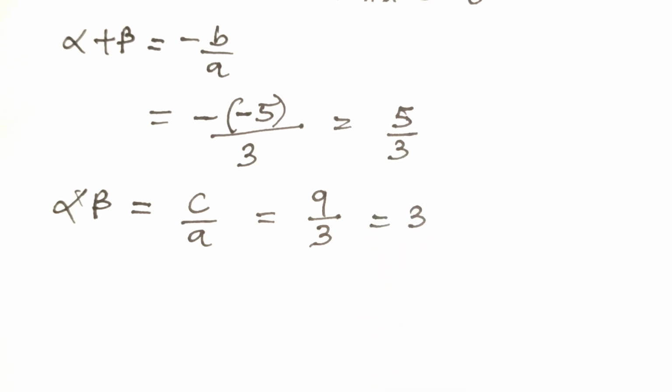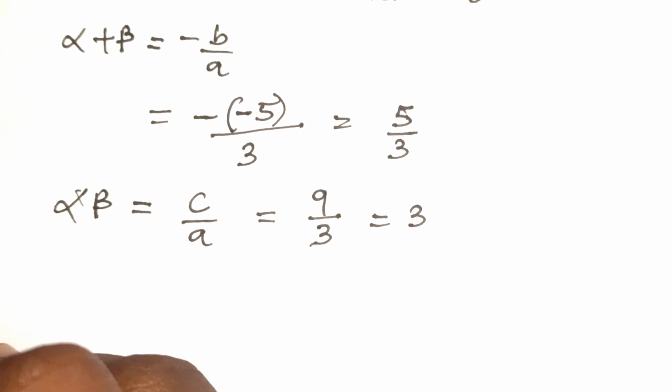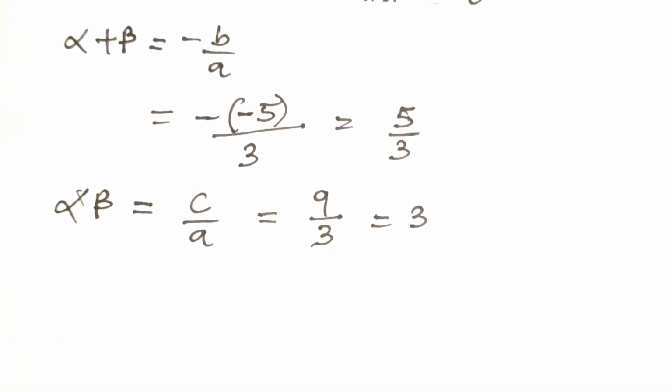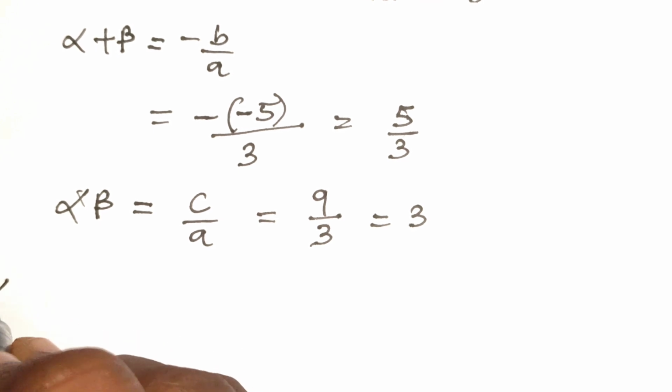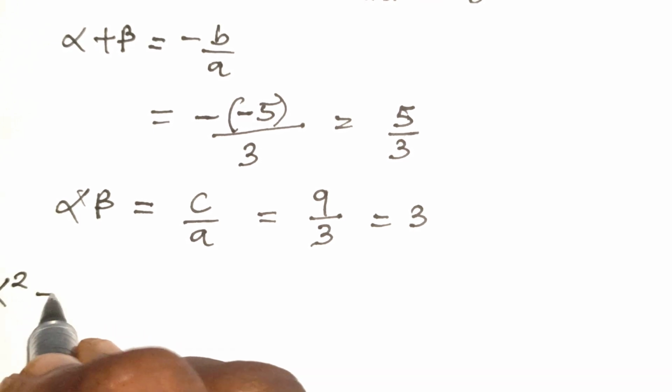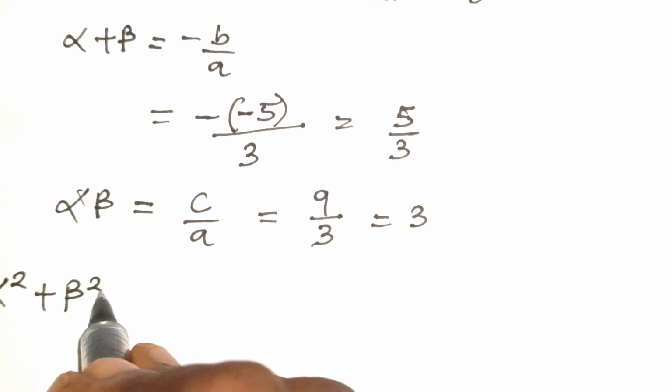Now, let us find the first part of the question. The first part of the question is to find alpha squared plus beta squared.